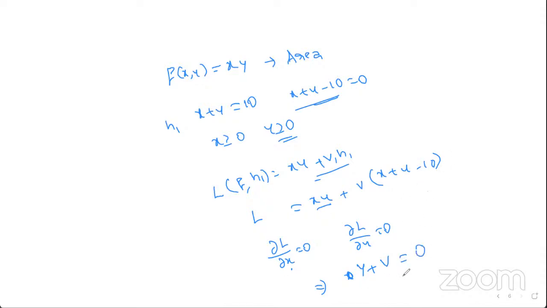So y plus v should be 0 when we use the dou L by dou x condition. Similarly, when we use the dou L by dou y condition, we get x plus v equals 0. Okay, correct?